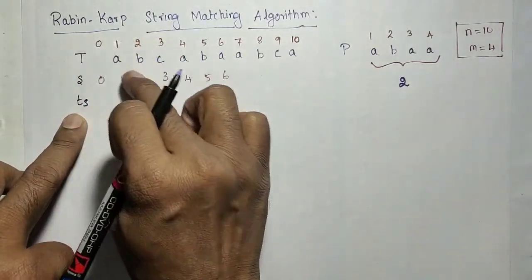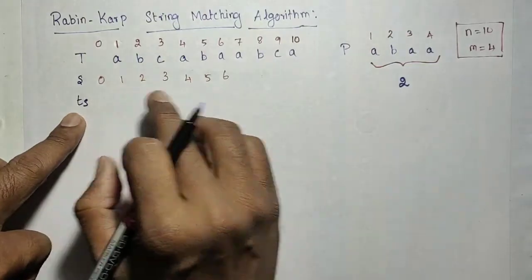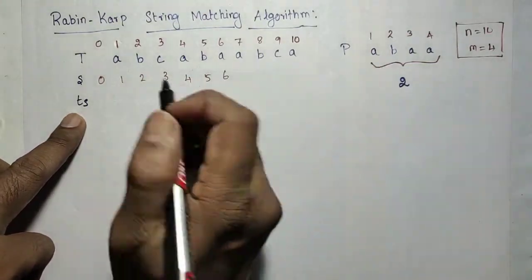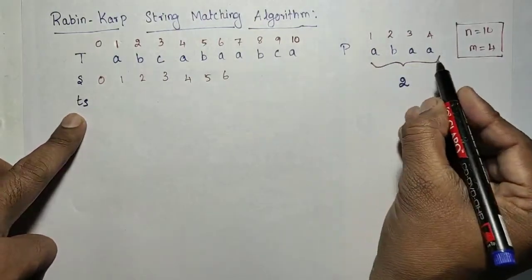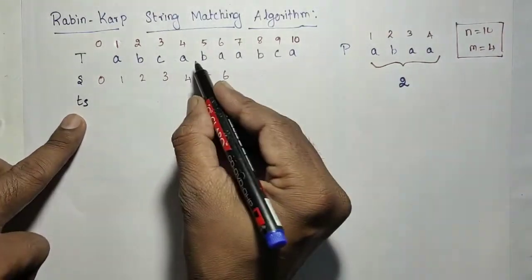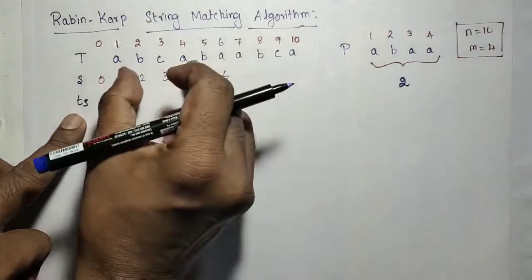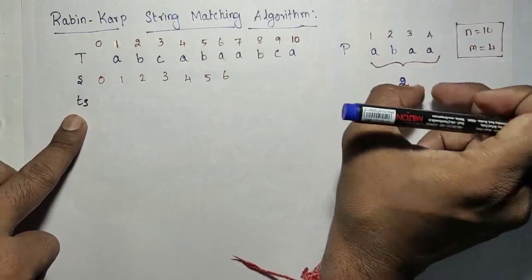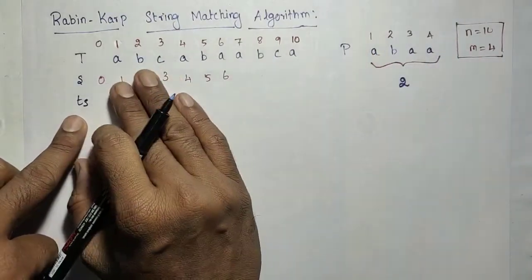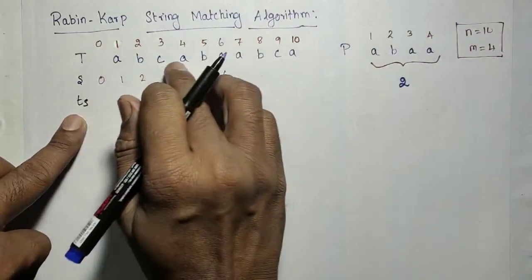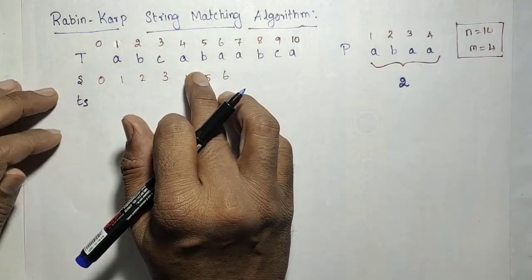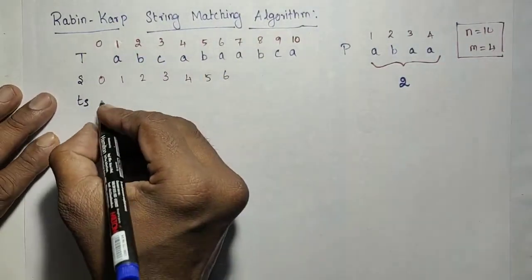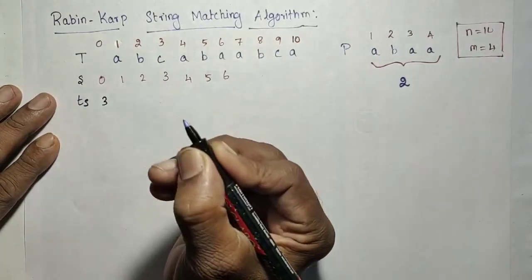The first four characters a b c a have an equivalent number, calculated using the same formula we used for converting the pattern to 2. Just assume this is 3.